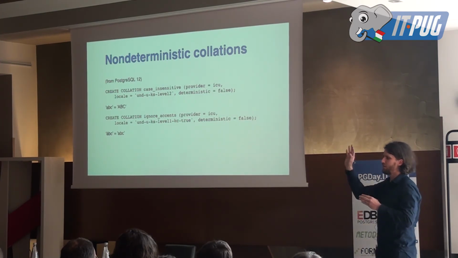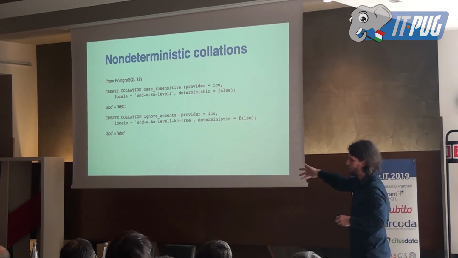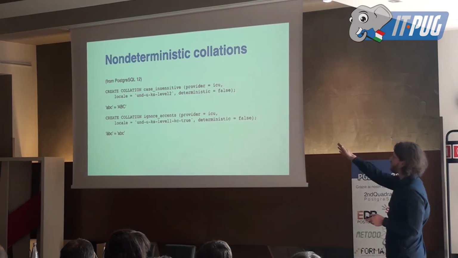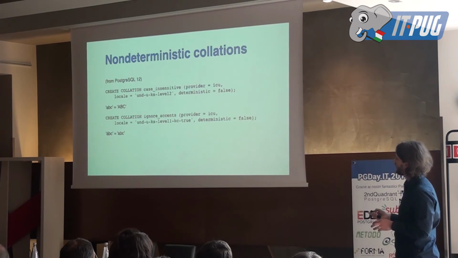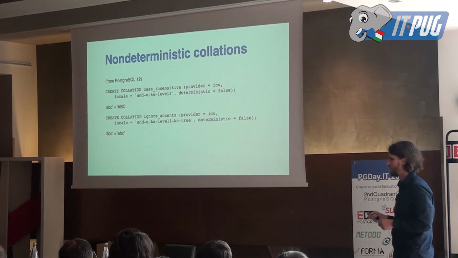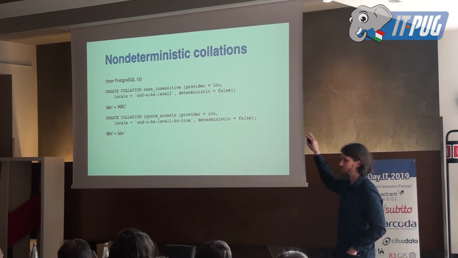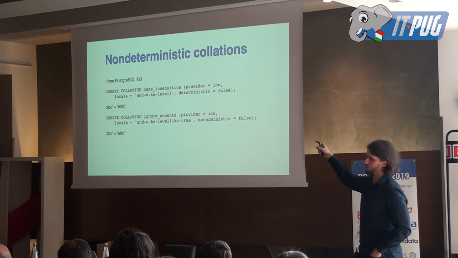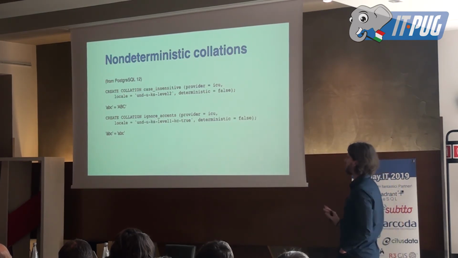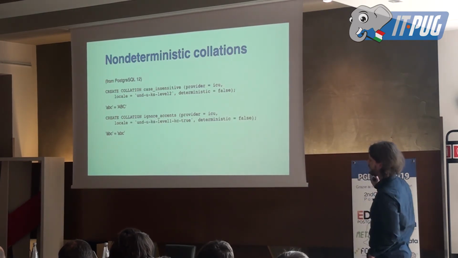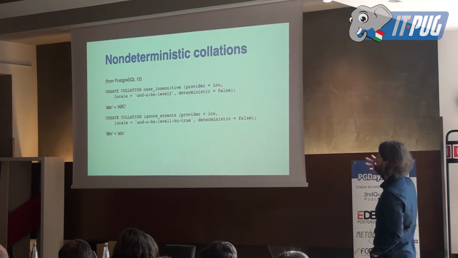These are very complicated detailed cases, but if you say you want a non-deterministic collation, which is why this extra clause is here, then it's not going to let you do LIKE or regular expressions on that collation. Then you have to set a different collation. Maybe there's a solution for that, but it's not clear what the behavior even should be.